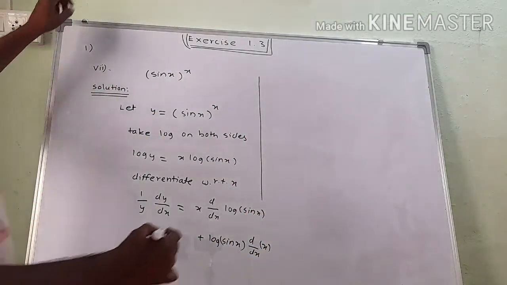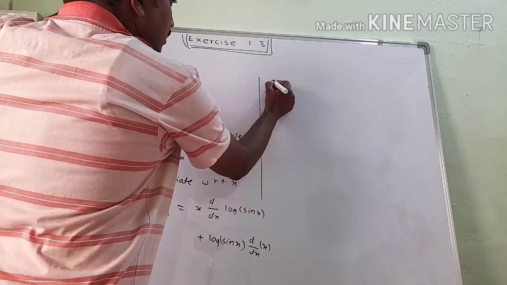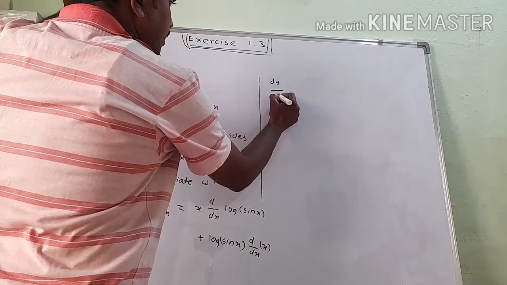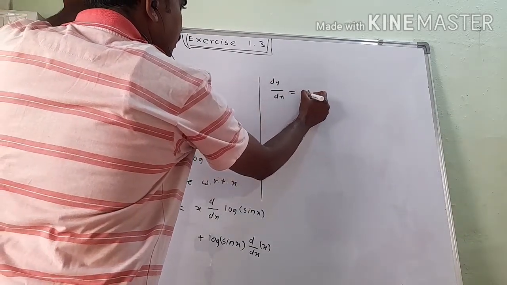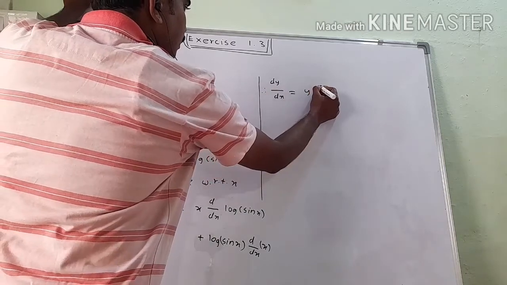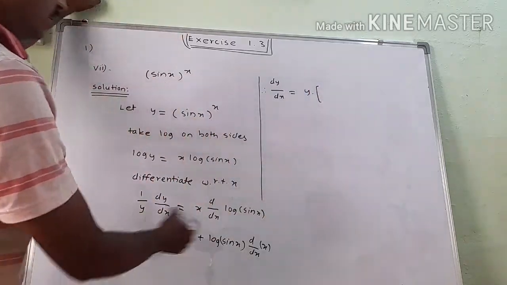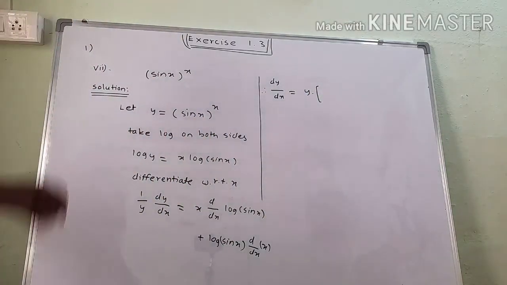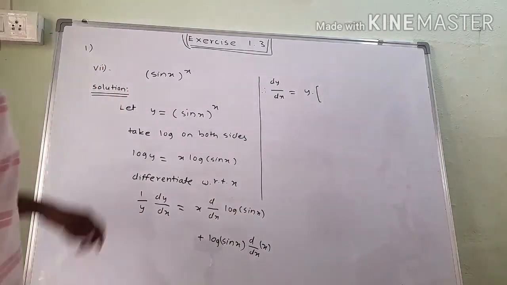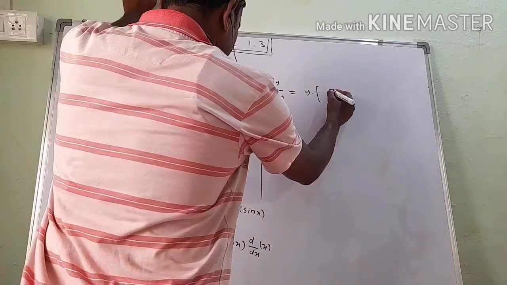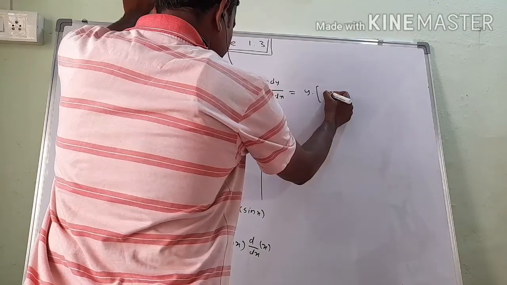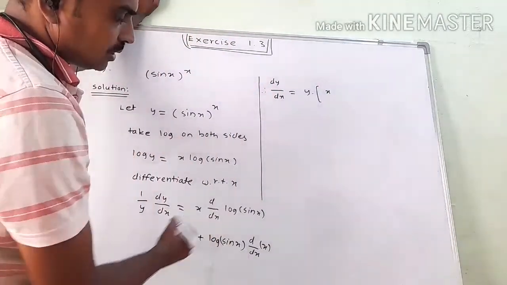Now dy by dx equals, we have multiplied this equation on both sides by y and we differentiate also. Then we get y into square bracket, x into the derivative of log of sin x.